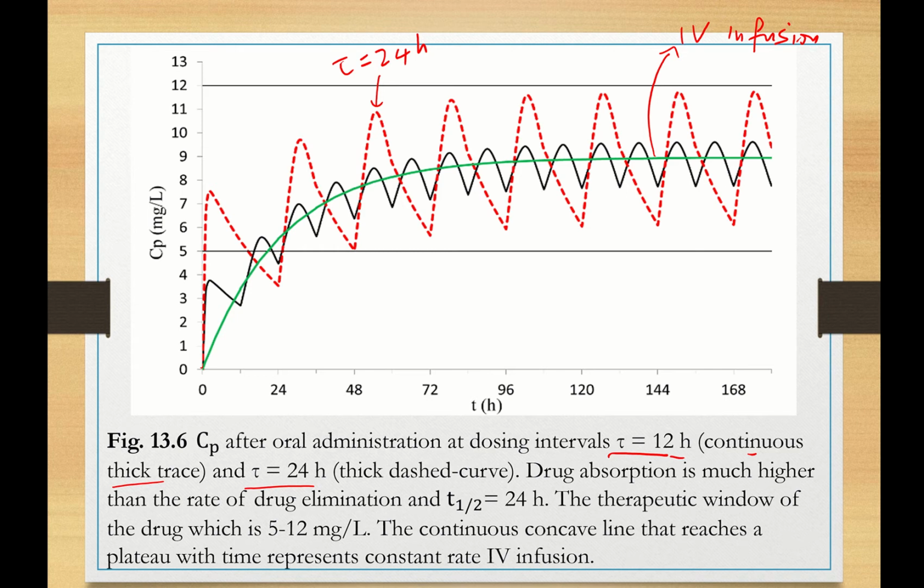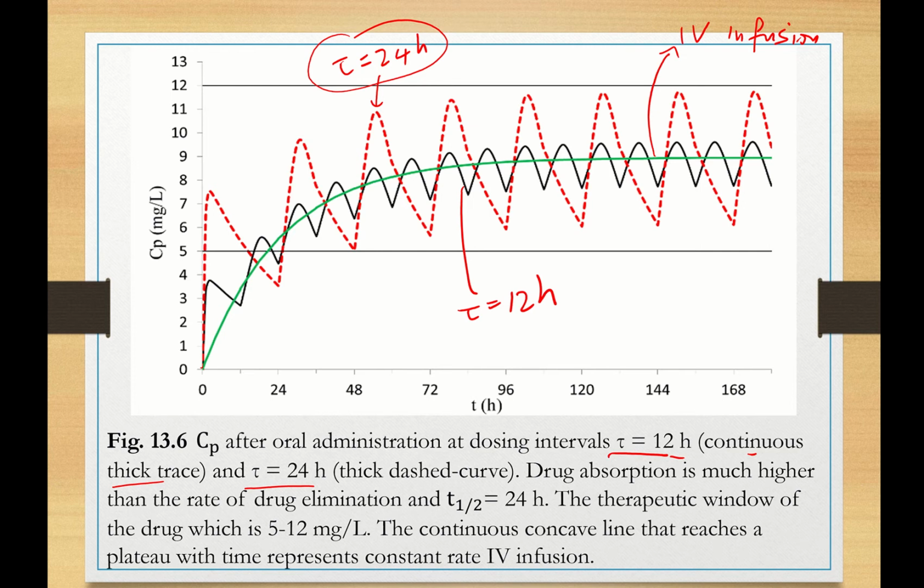Now you can see that the fluctuation of the red dashed line is much greater than the one of the black line, right? And this is exactly the statement that we have described. I'm just going to write it here: tau is equal to 12 hours.